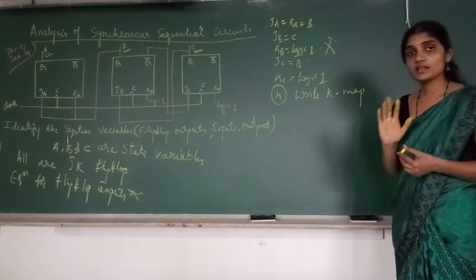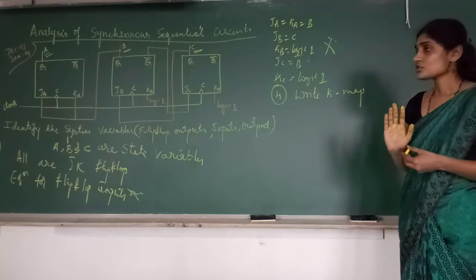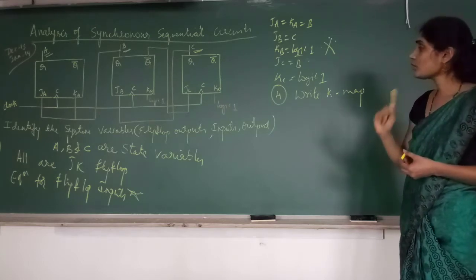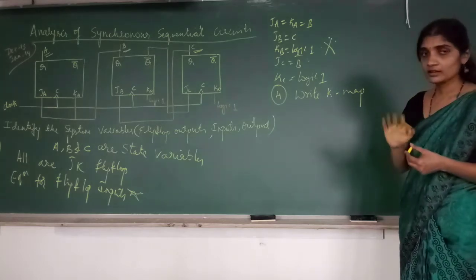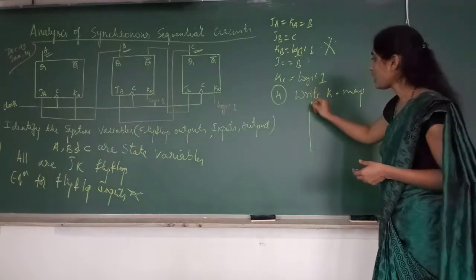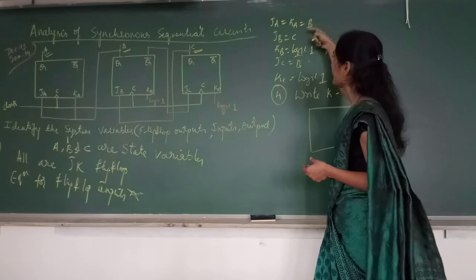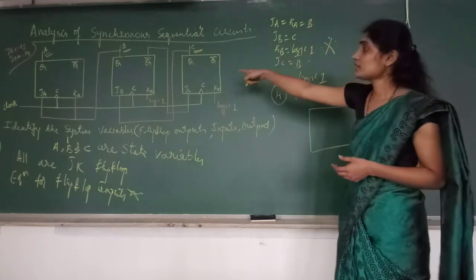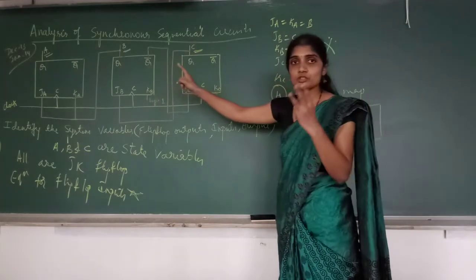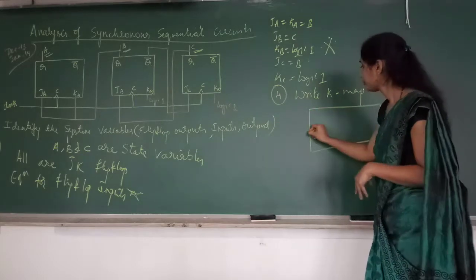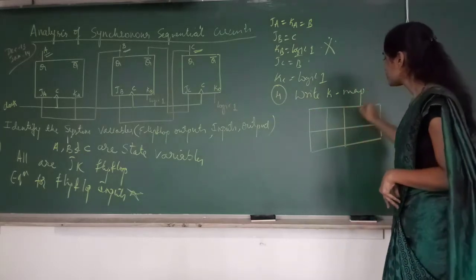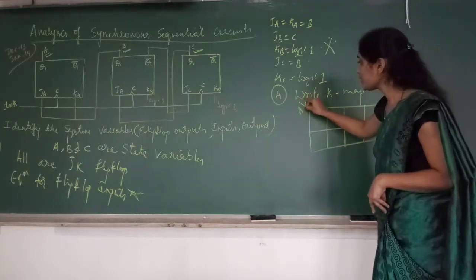So let me explain how to write the K-map for JA. Now for JA, how many variables? Flip-flop inputs are in terms of what? A, B, C, correct? Three flip-flops, three outputs. So a three variable K-map, A, B, C.